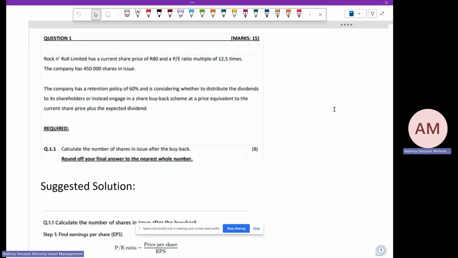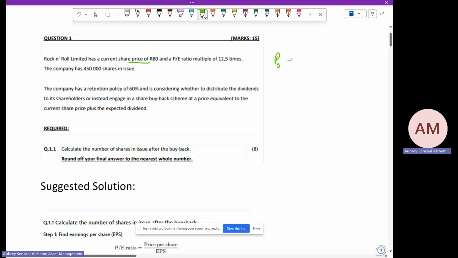So question number 1. They say Rock and Roll Limited has a current share price of 80 Rand, and a PE ratio multiple of 12.5.